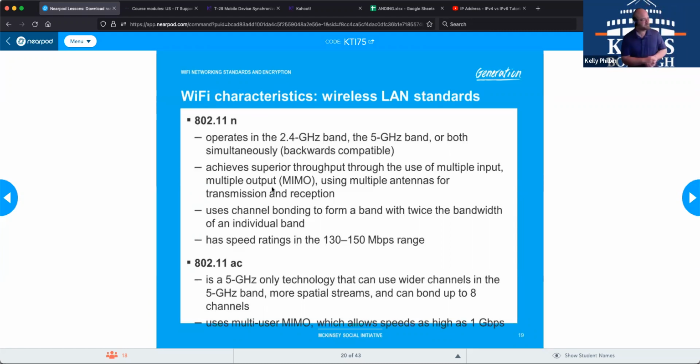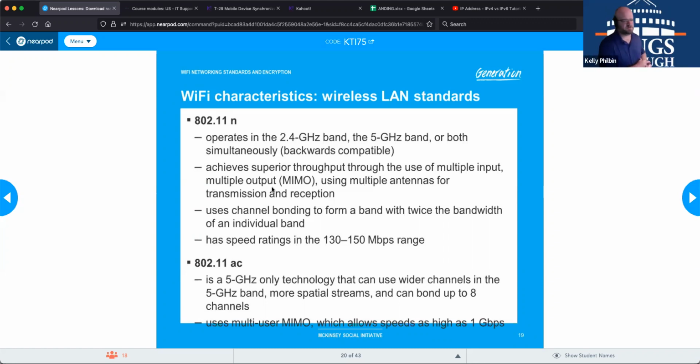All right, 802.11 AC. It's a 5 gigahertz only technology. The nice thing is it can utilize wider channels and bond up to 8 channels together.